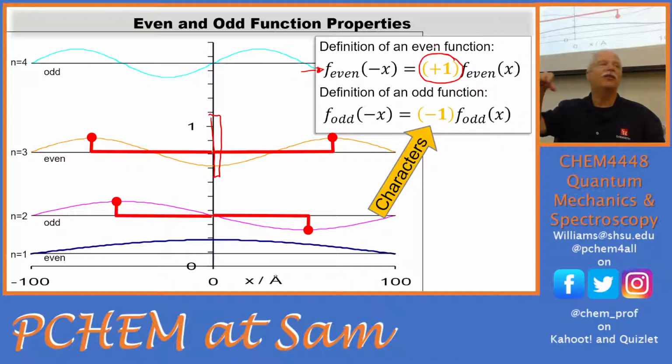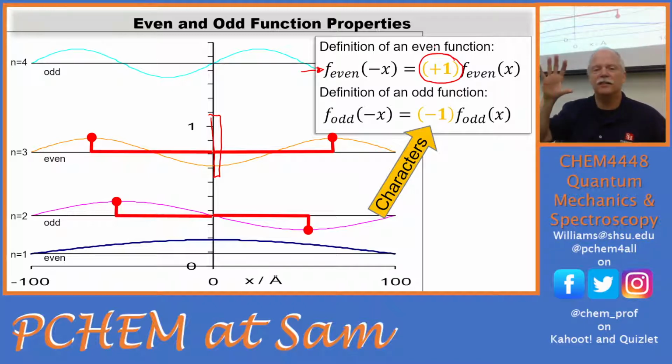And when we see later on, when we talk about character tables, there'll be tables associated with various molecules. And the top row has all +1s. And all of the rows below that have at least one minus 1 in them. And so all the other rows are odd in some manner. And the top row is the only one that's even. Okay, so these characters will be really important here in a little bit.